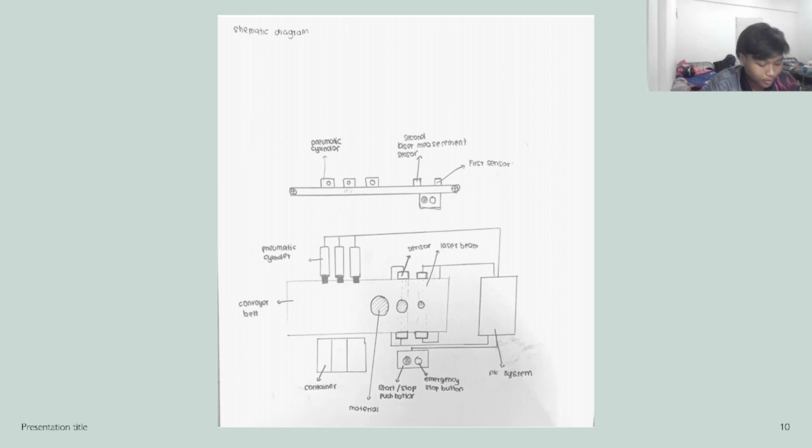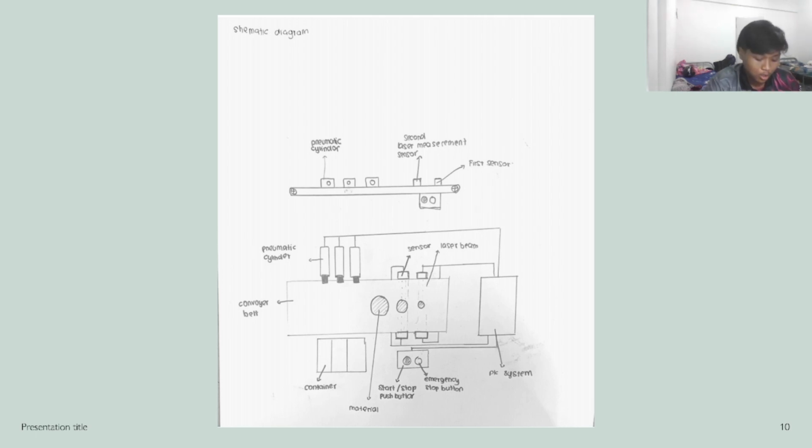The first laser sensor senses the size of the material, and the material is moved forward to the left, to the second measurement sensor, which has the microsensor to activate the timer of the pneumatic cylinder to work. The pneumatic cylinder will activate from the first sensor based on the size of the material, and the timer is set based on the size of the material.